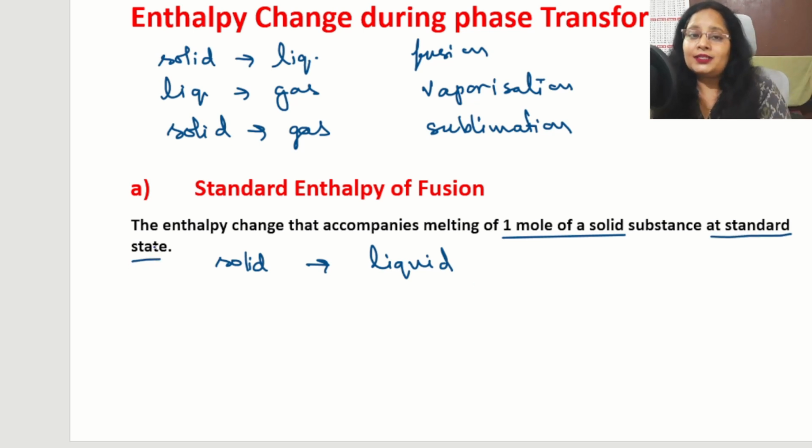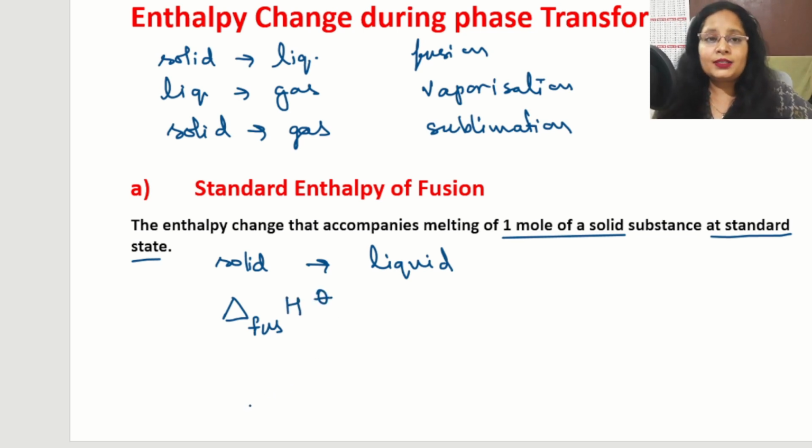As I told, standard state means 298 Kelvin temperature and 1 bar pressure. And now one more thing is added, 1 mole of that substance. If the condition is like that and the phase transformation is there, then the heat required is called standard enthalpy of fusion. It is denoted by delta subscript fus H standard sign.